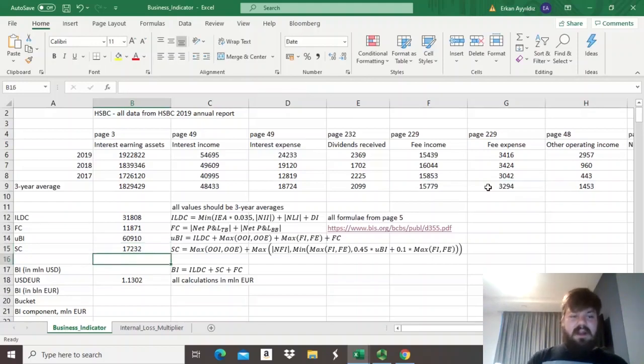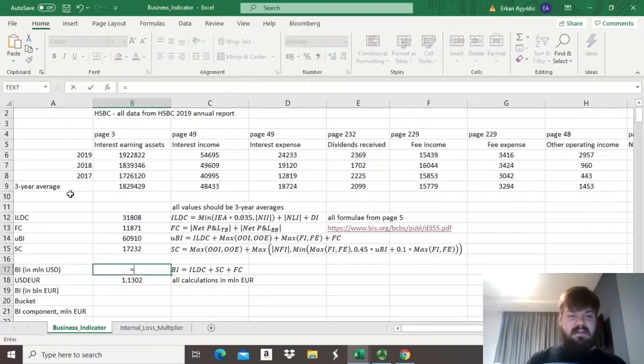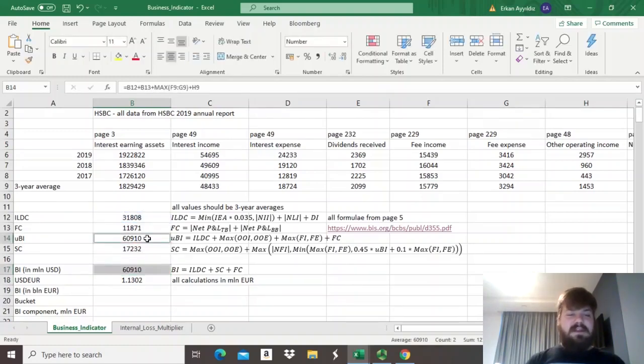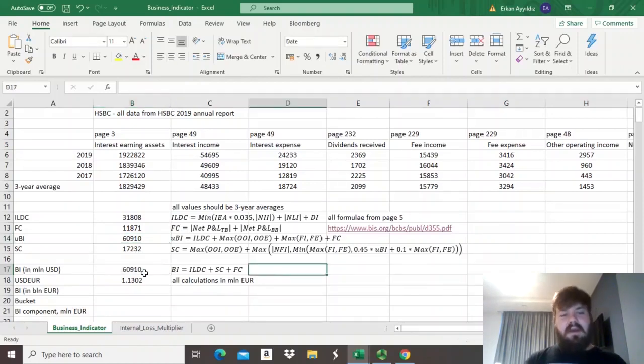And now we can calculate the business indicator as the sum of the interest, lease, and dividend component, the services component, and the financial component. And we see that in our case, the business indicator proper and the unadjusted business indicator are the same.